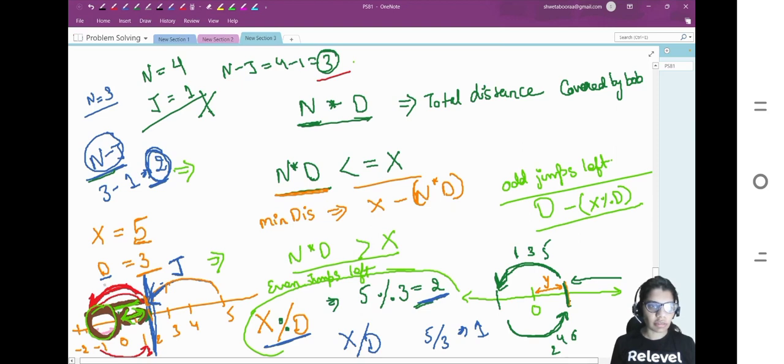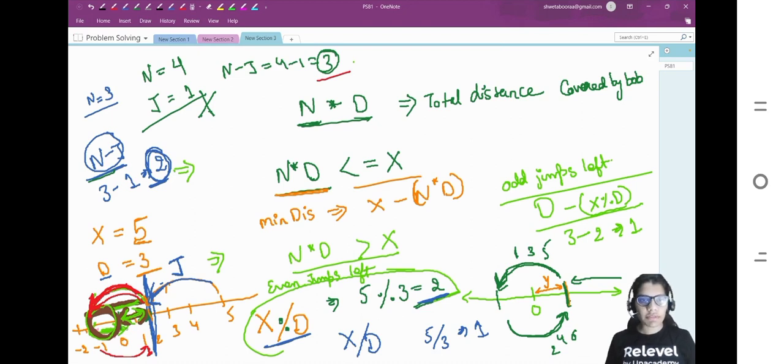As here you can see the distance of jump was 3 minus x modulo d, it was 5 modulo 3 giving you 2. So we got our answer as 1. And here also you can see it was the distance of 1 from minus 1 to 0, right? So this is how we have got our answer.